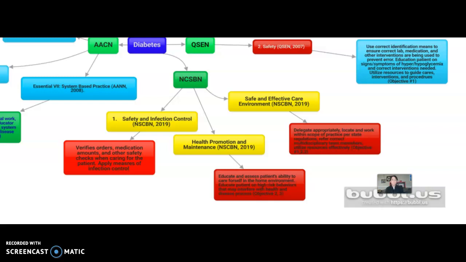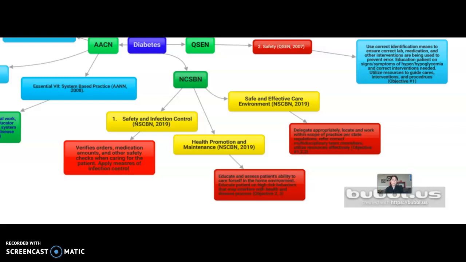So the way that this will be sought out in this curriculum is to educate and assess the patient's ability to care for themselves in the home environment. Educate the patient on high-risk behaviors that may interfere with health and disease process.